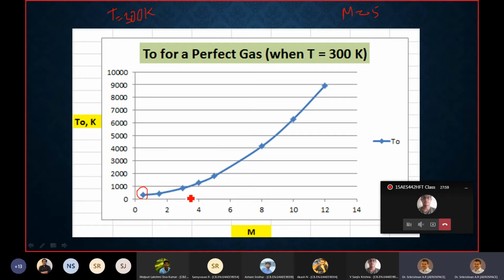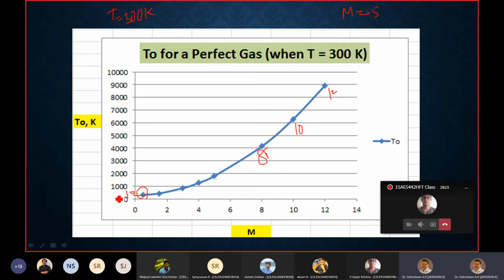And similarly, I've done the calculation for 1.5, 2.5, 3, 4, 5, then 8, 10, Mach 10, and then 12, etc. And then correspondingly for each of these, I've calculated the corresponding stagnation temperature. So it is 305 here, slightly higher than static temperature.